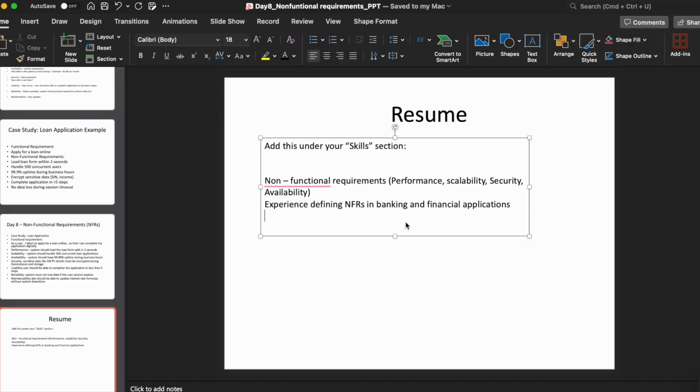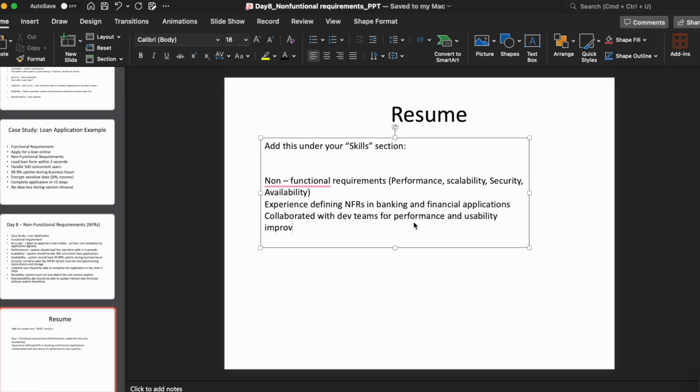You can write collaborated with dev teams, so they mean development teams, okay? Teams for performance and usability improvement. Or there are some security teams, or separate performance testing teams, so you work with them to provide requirements, or help with testing, increase load or something like that, right? So you can mention your experience.